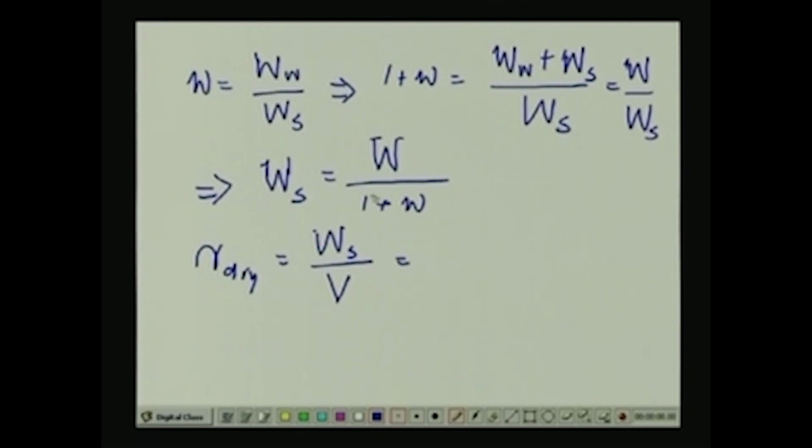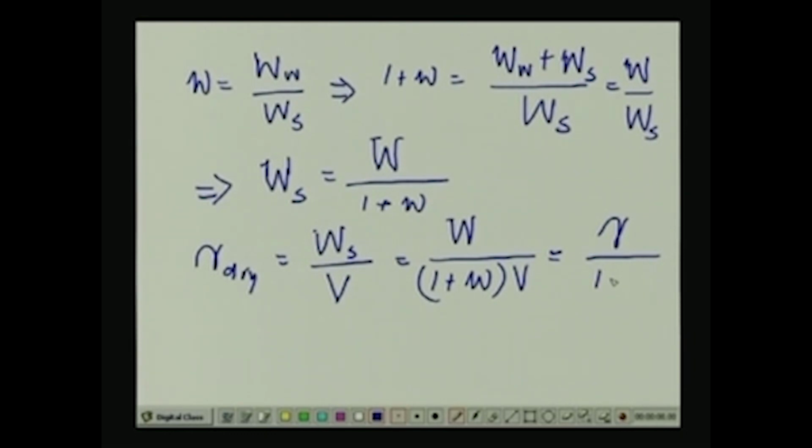So that using the result that we just now derived is going to be capital W, the weight of the entire soil specimen, divided by 1 plus the moisture content small w, multiplied by V, and we know that capital W by capital V is equal to gamma, that is the bulk unit weight.